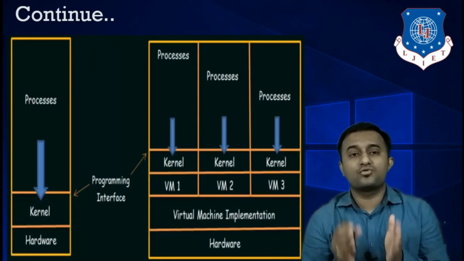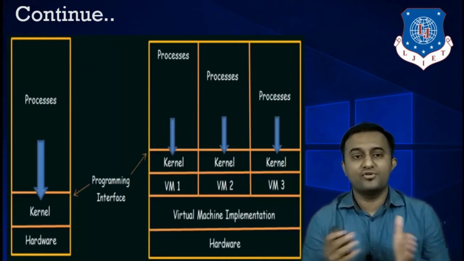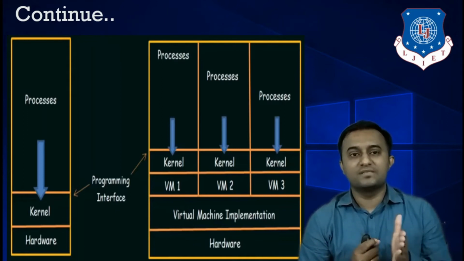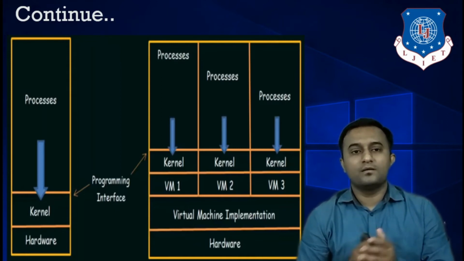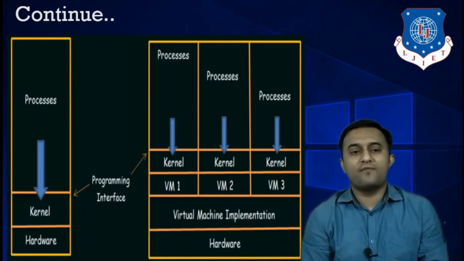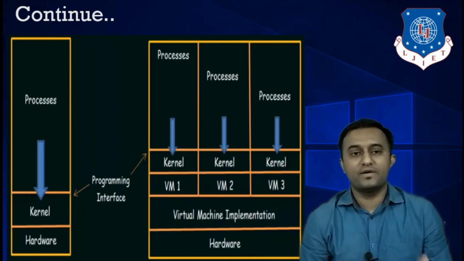Before using the concept of virtual machine, suppose we have a traditional machine, and how does a traditional machine look? You can see in the first figure, at the bottom level we have computer hardware.